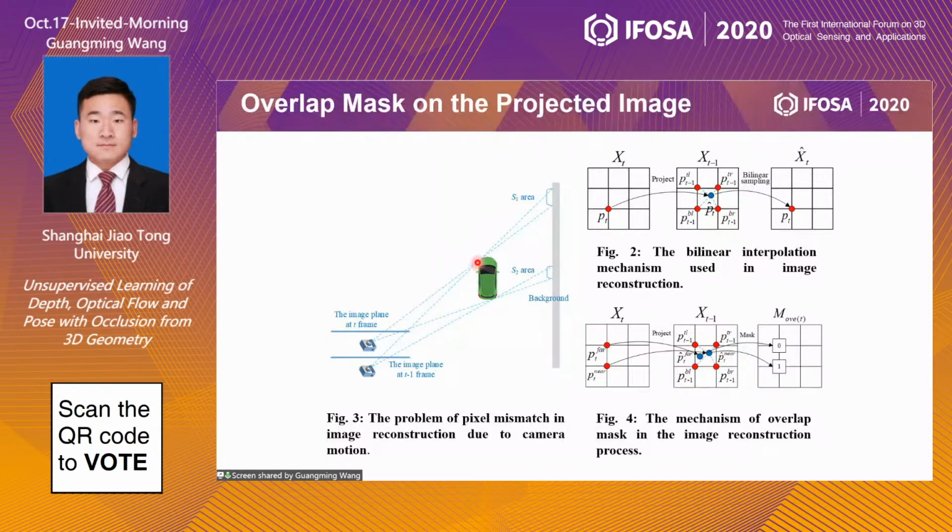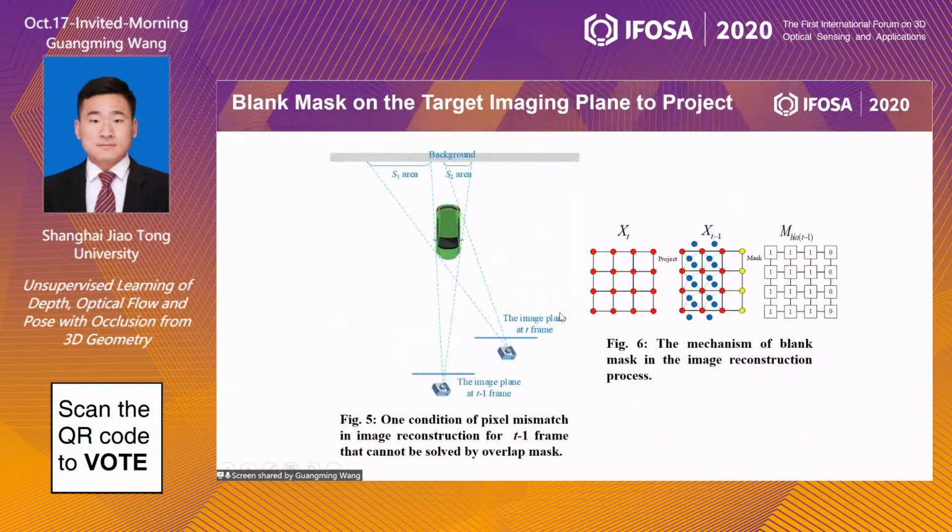So in this case, we need to filter the far pixels, like in figure 4. But this cannot solve our condition.